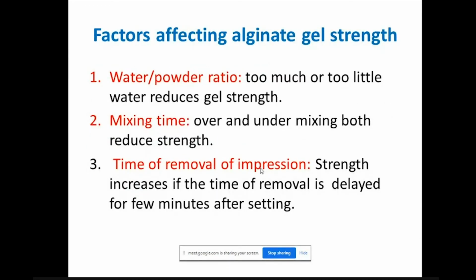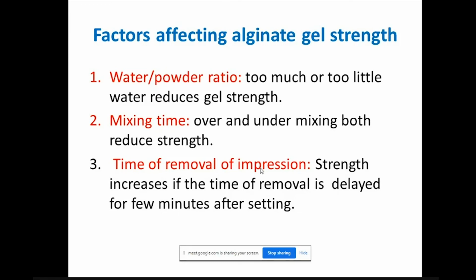Factors affecting alginate gel strength. When you have a group of causes, it will affect the strength of alginate. What are the factors? Number 1, water powder ratio. Too much water or too little water powder ratio, both of them will affect the gel strength.